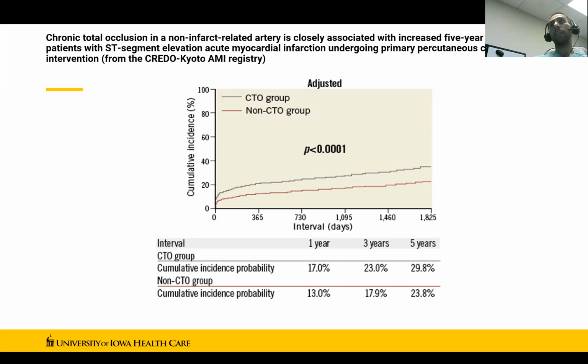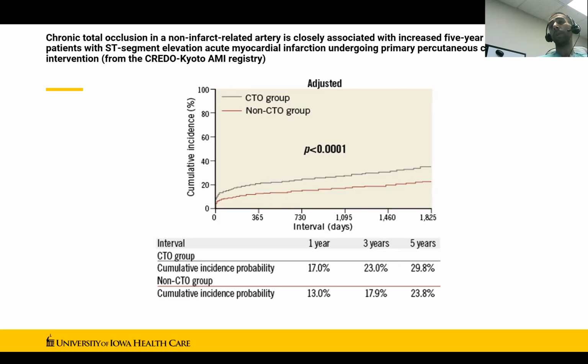If you look at the bottom curve, the red curve represents the patients who presented with STEMI and did not have a CTO in their other arteries. Patients who had a CTO actually had a much higher incidence of adverse events, of mortality as well as MACE.